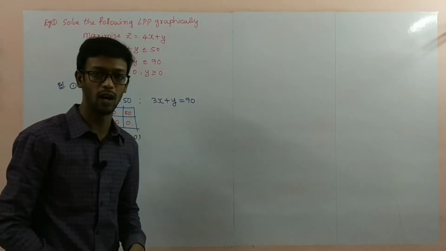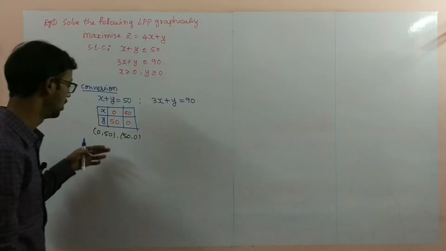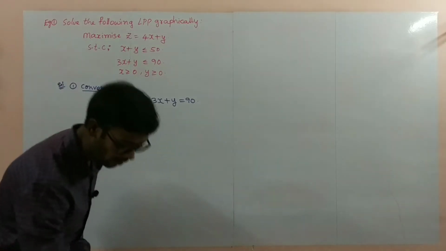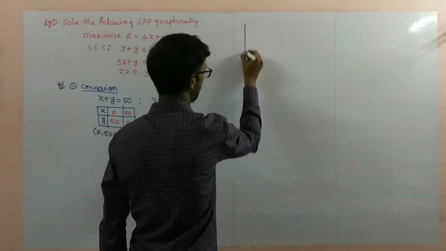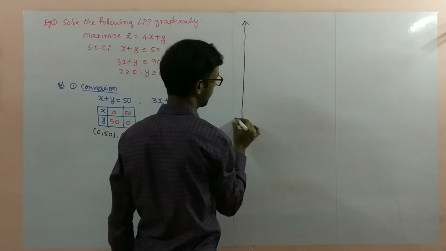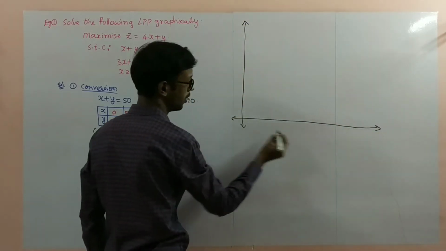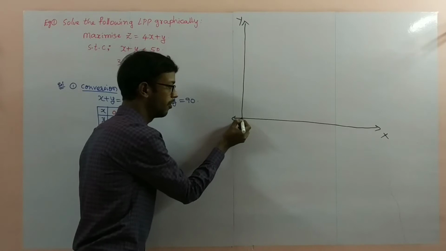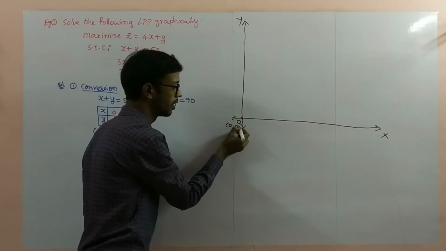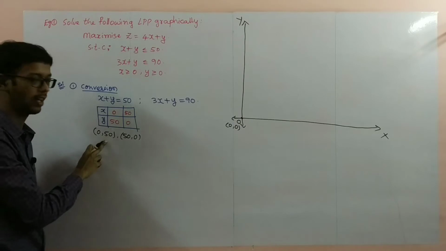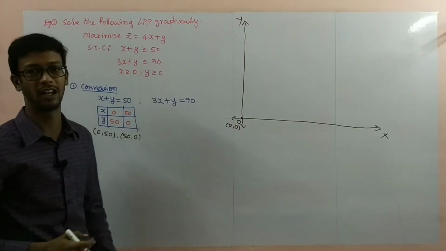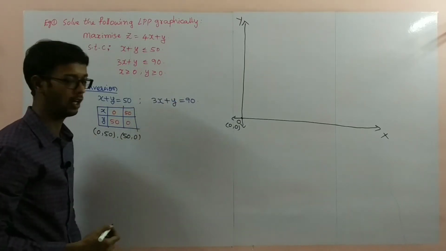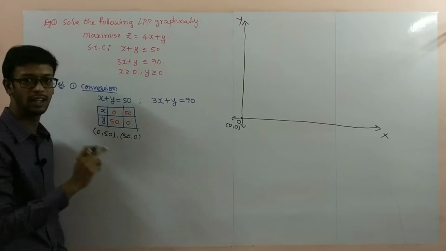So now you got 2 points here. Based on these 2 points, you have to start the graph. Take the graph. This is the x-axis and this is the y-axis. This point we know already: this is the origin O, 0 comma 0. Taking 1, 2, 3 on the graph is not enough for the numbers 1 to 50, as 50 is the highest value here.